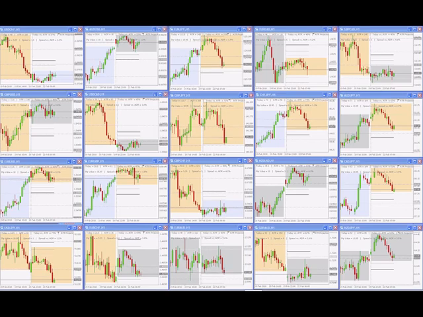Since that's the core element of this system, what this system is totally based on, I'm going to record another whole session where I am going to be doing exactly that. I am going to be mapping my own charts, drawing those key levels of support and resistance for you to see. Again, I must repeat, this is the core element of this system.